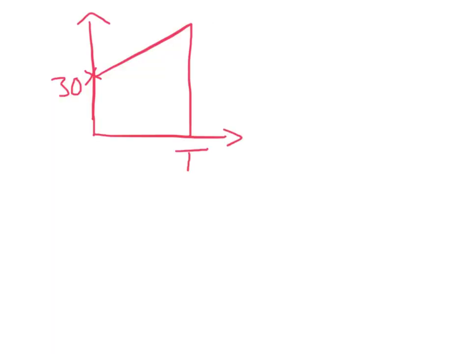areas. I'm going to start with the motorcyclist, and this is a trapezium, and I need to work out the height of the right hand side, so I need to work out this height, and that's going to be the velocity at time t. So velocity equals u plus at, and in this case that is 30 plus 0.2t.